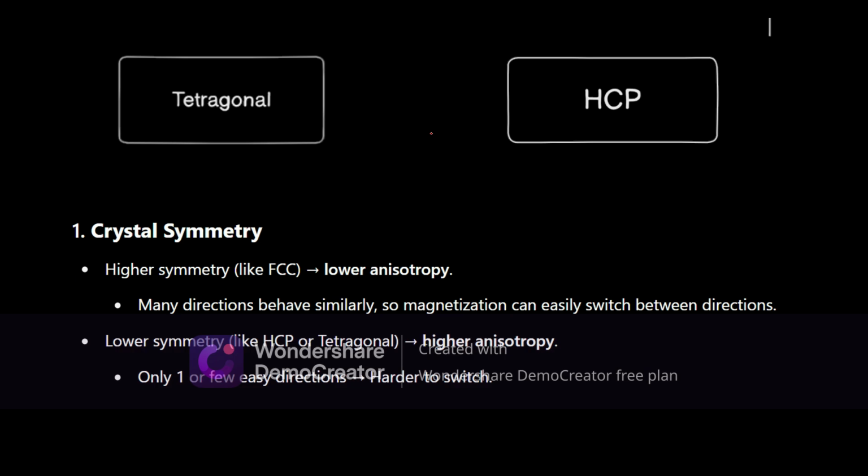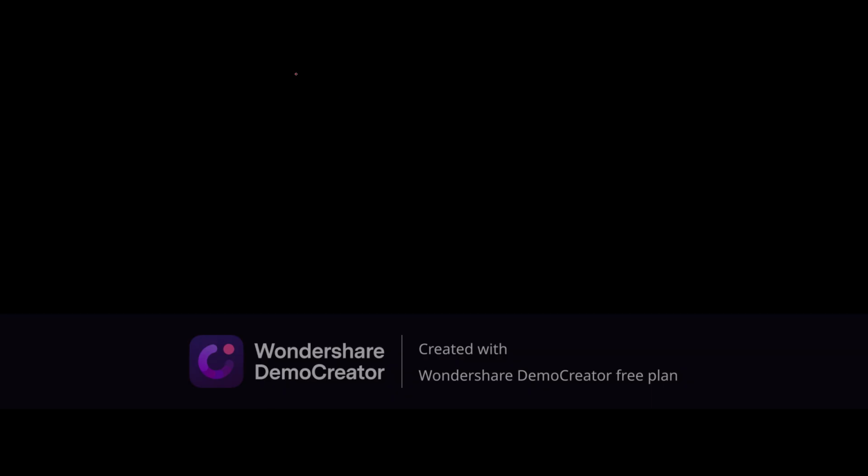Yeah, so I was discussing tetragonal and SCP crystal structures. Let me simplify this concept for you. In FCC, the material is symmetric, and because of that, it has lower anisotropy.